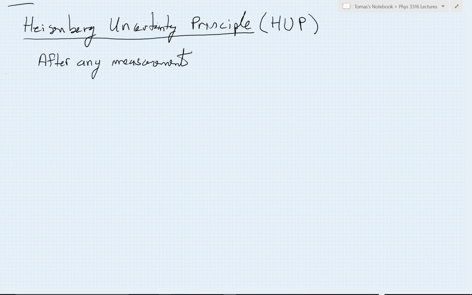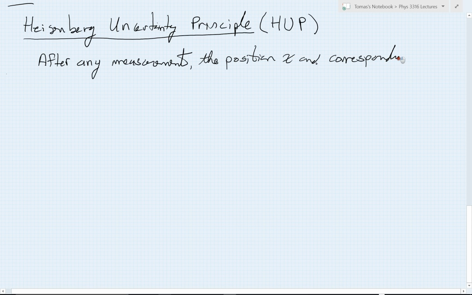But after any measurement, the position x, and corresponding momentum, which is of course p of x, will be left uncertain.